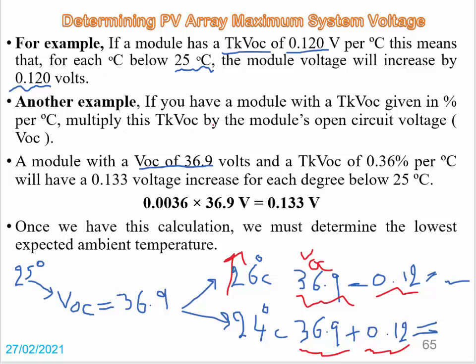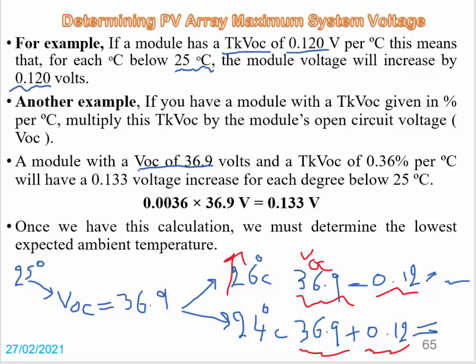Another example: if we have a module with TKV open circuit given in percentage per Celsius, how do we solve this problem? We multiply this TKV open circuit by the module's open circuit voltage.